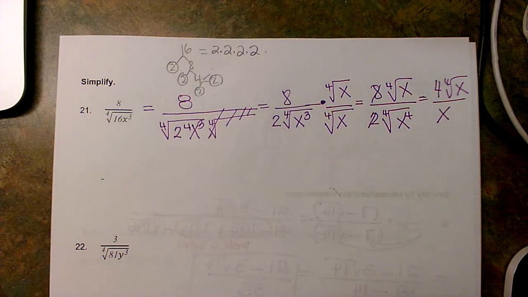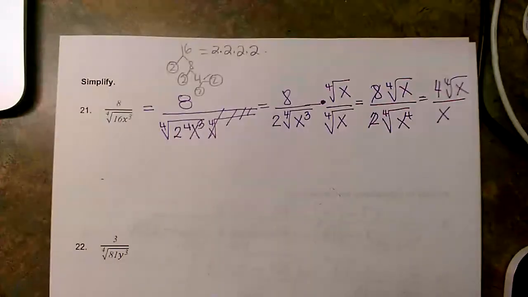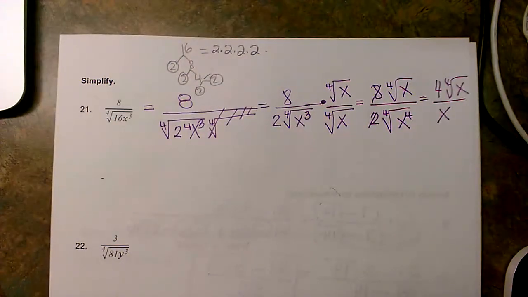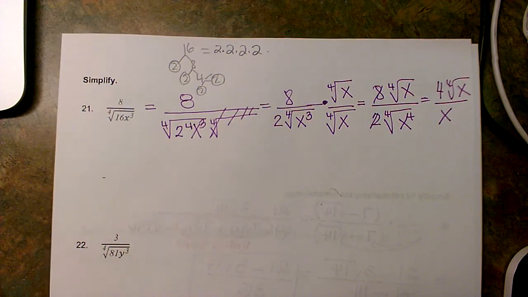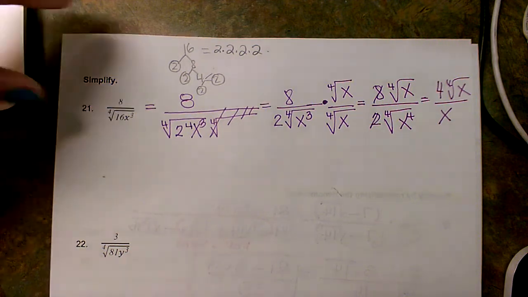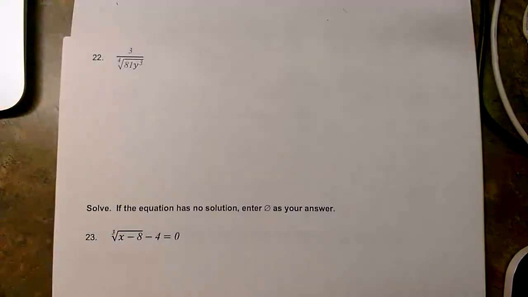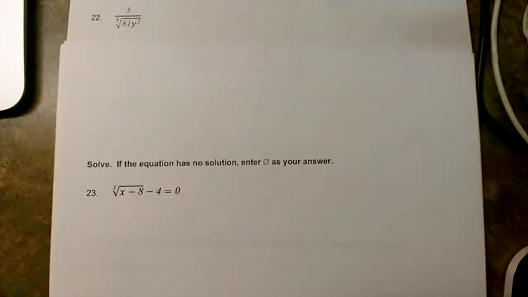Let's do 23. It's 23. 23 says solve, and if the equation has no solution, enter the 0 with the line as your answer.